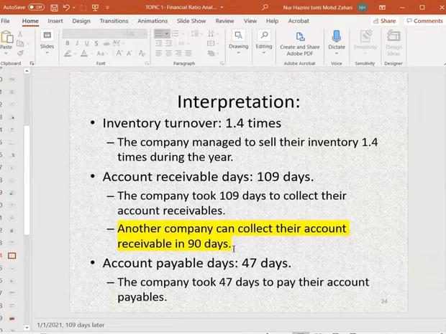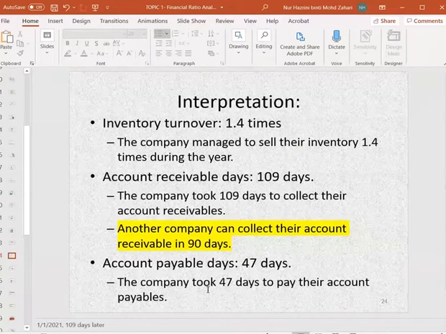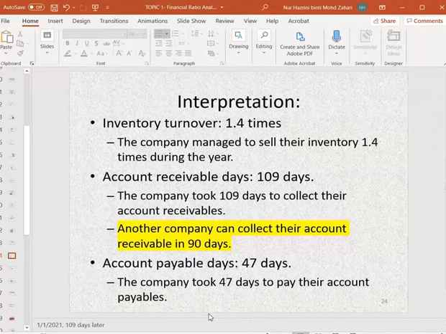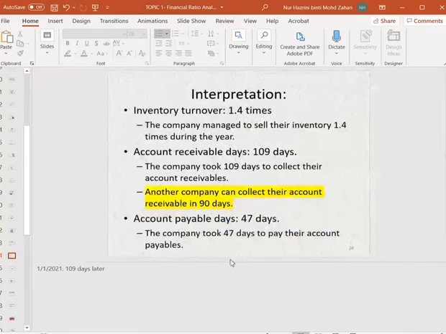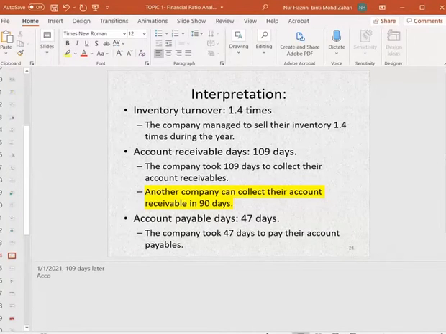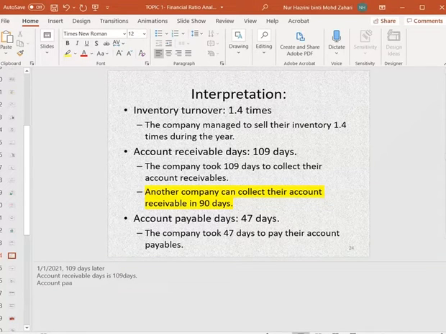So let's say, in a company, if you want to see whether the company is using their cash efficiently or not, you can look at the account receivable days and account payable days. For example, account receivable days is 109 days. 109 is a lot, right?